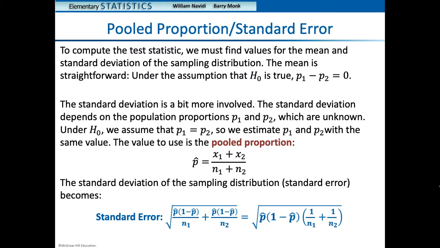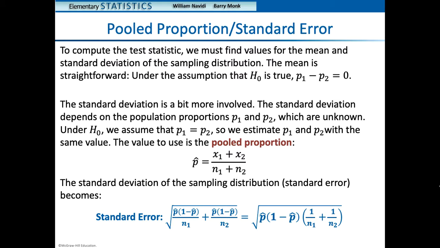Well, first of all, remember that when we compute the test statistic, we are always making the assumption that the null hypothesis is true. Which means in this case, we are assuming that P1 and P2 are equal to each other, right? Because that's what the null hypothesis says.